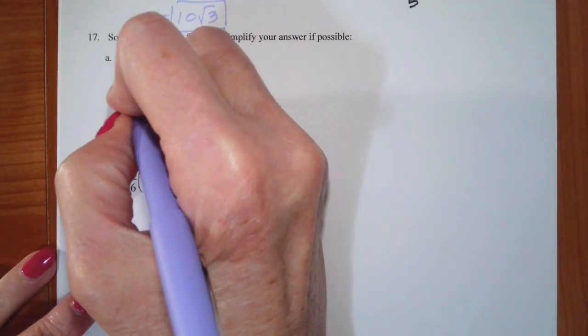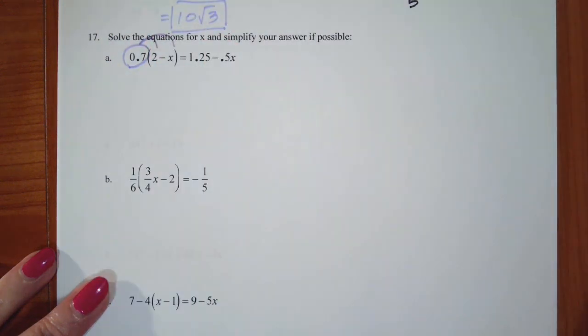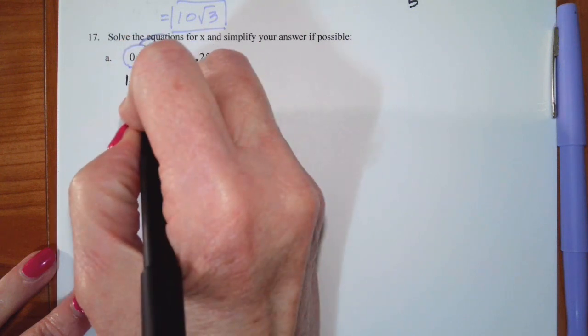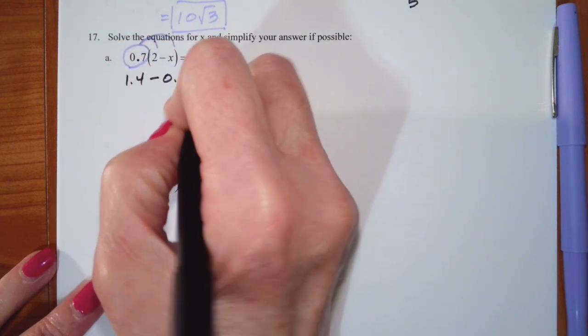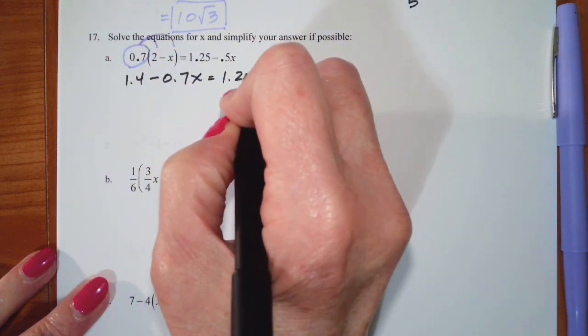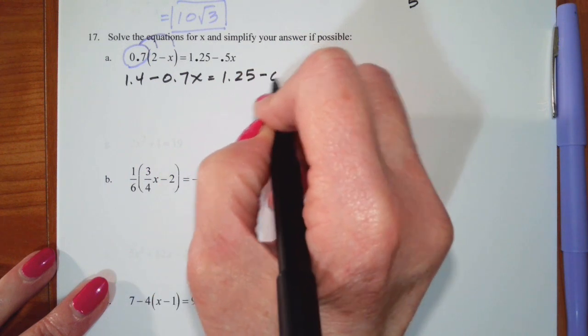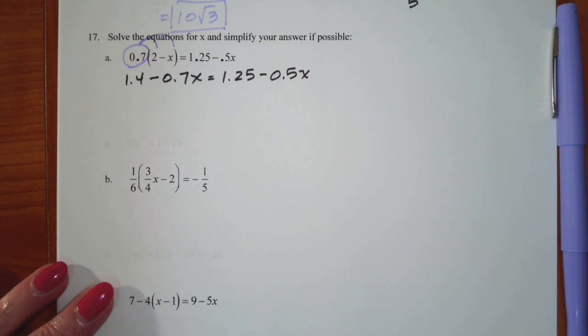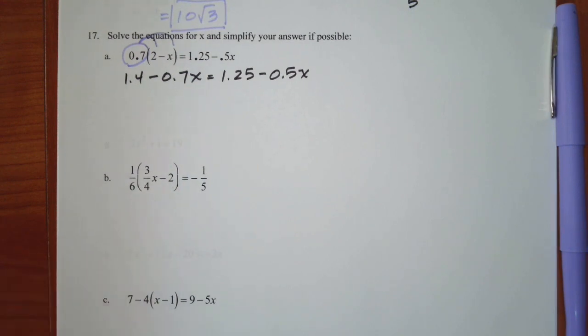So I'm going to start by distributing. So this gives me 1.4 minus 0.7x is equal to 1.25 minus 0.5x. Okay, so this is linear, so I'm going to have to get the variables all on one side.